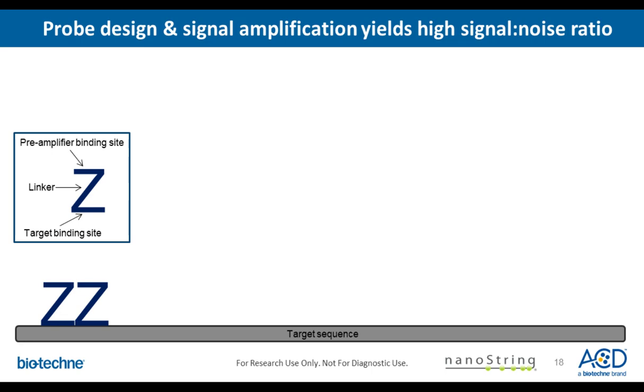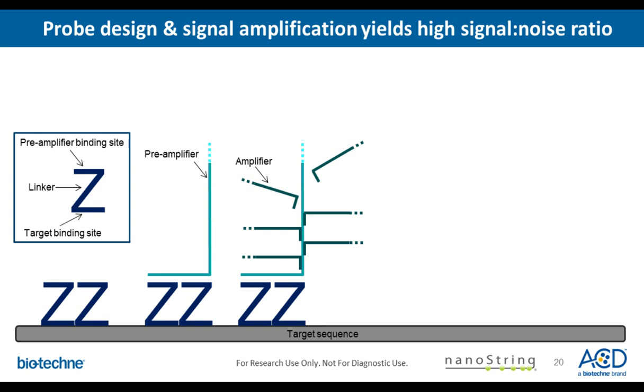Now, when two Z probes bind in tandem to adjacent sequences on your target transcript, it forms a Z pair. Now, this is significant because your preamplifier will come and bind onto the Z pair on your target RNA. And this preamplifier forms the foundation of your signal amplification tree.